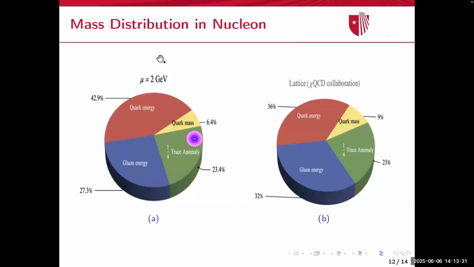And if you compare with the instanton calculation, it's very close to this plot. So you can claim that the non-perturbative structures, especially for the pion or those light hadrons, should be dominated by the instantons.